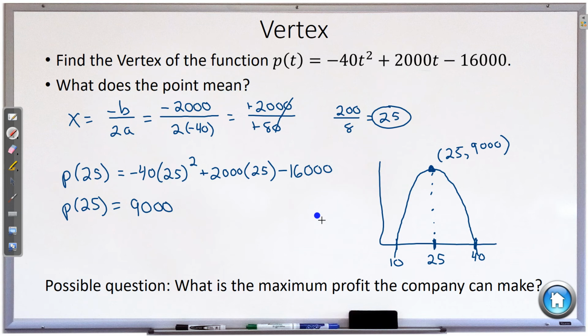That is not only our profit, that is the maximum profit. It's never going to go higher than that. So our maximum profit is $9,000. And so if you got a question, what is the maximum profit a company can make? That is telling you you need to find the vertex. All right, so that's our vertex.